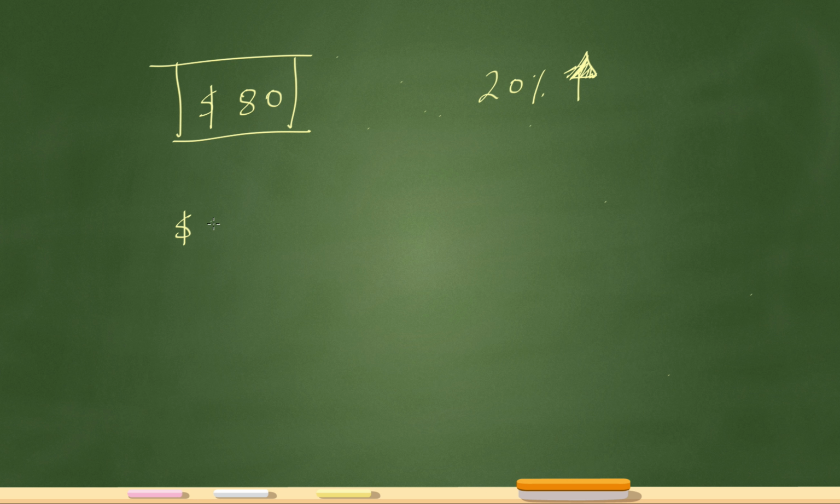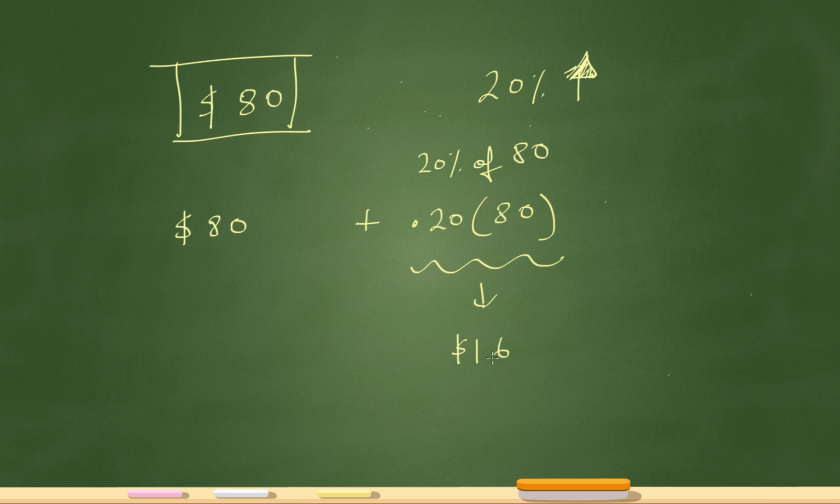You can take 20% of $80, which is 0.20 times 80. 20% of 80 gives me $16. And you can add that to the original price, which is $80, and that'll give you the final price. So you know you're going to be selling everything in the store for $96.